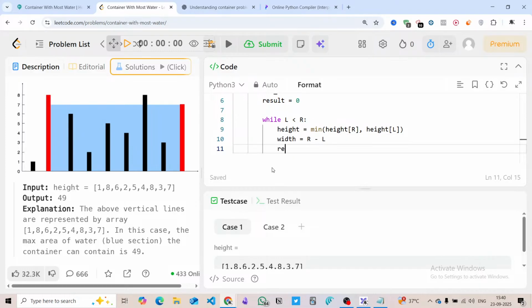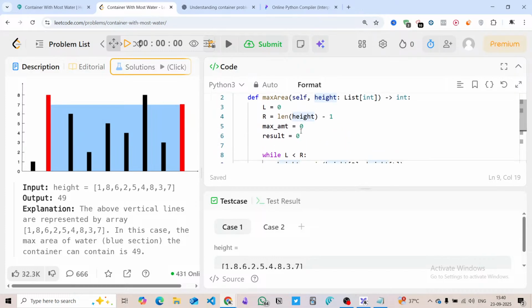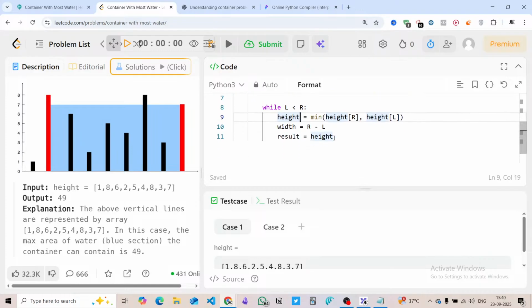Then the result, we have height times width. We make this as height of L to make sure there is no variable crash.